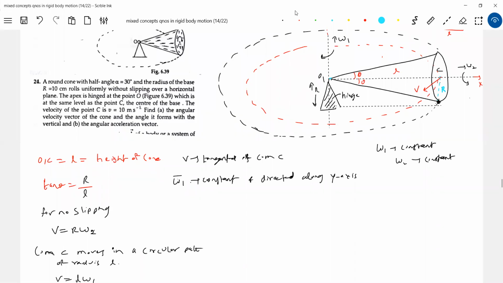So at one instant, omega 2, let me get into it. Now first let's look at this circle. That dotted circle, I'll put it.